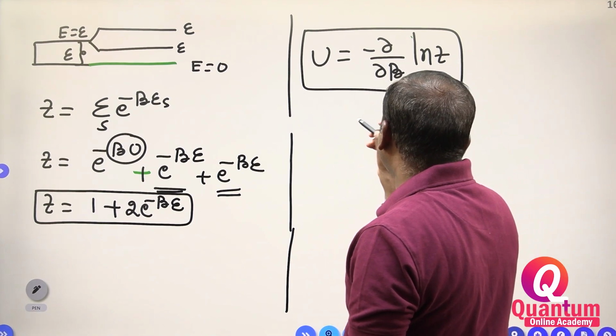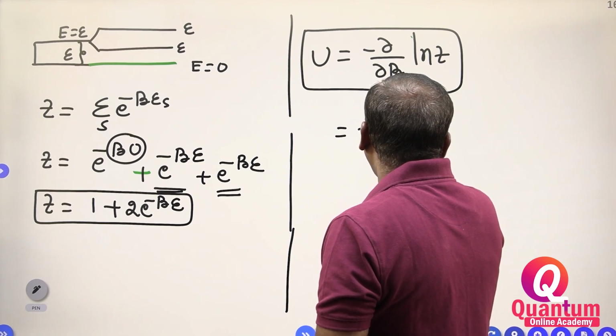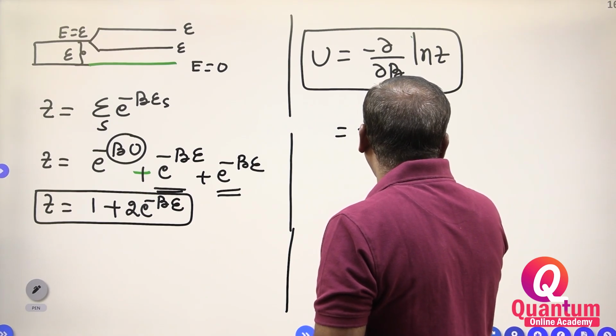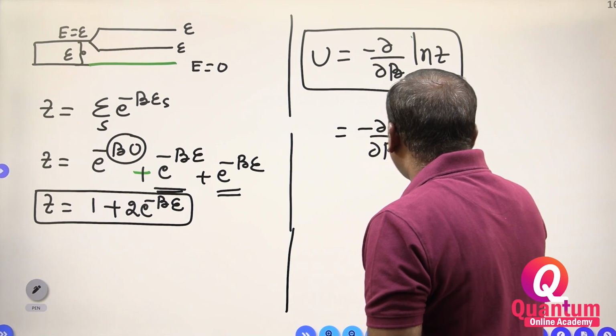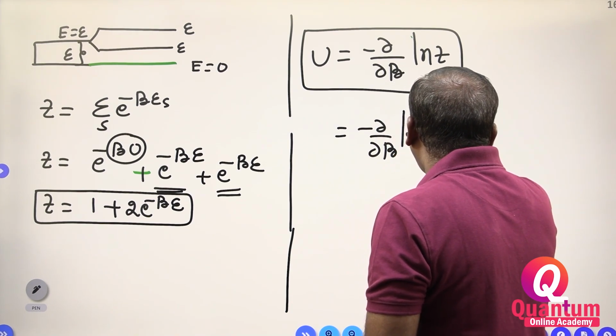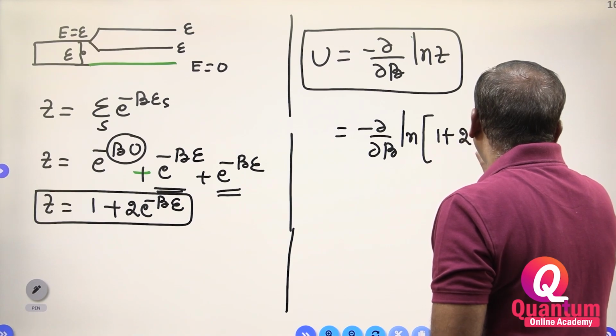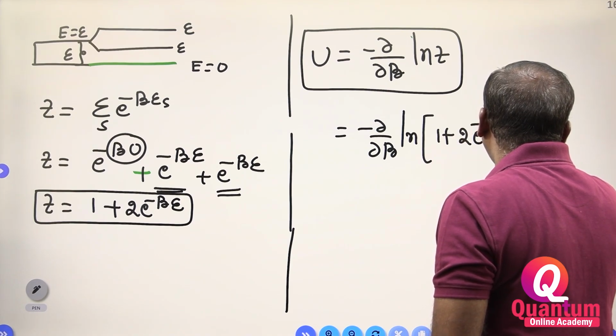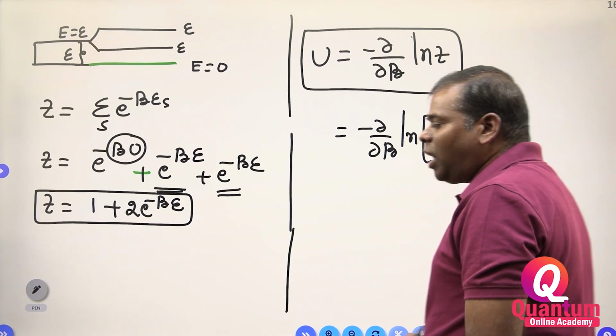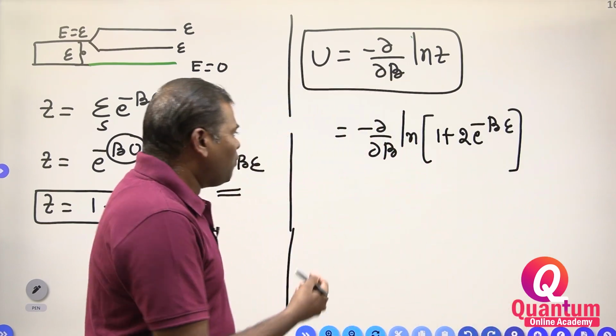Now you have to substitute. Minus dou by dou beta of ln Z, where Z, the partition function, is 1 plus 2 e to the power of minus beta E. Now you have to differentiate.